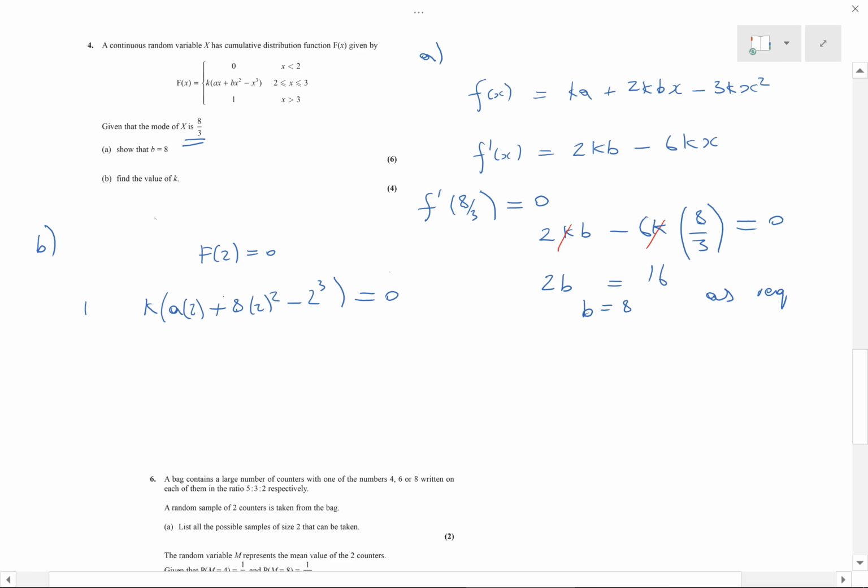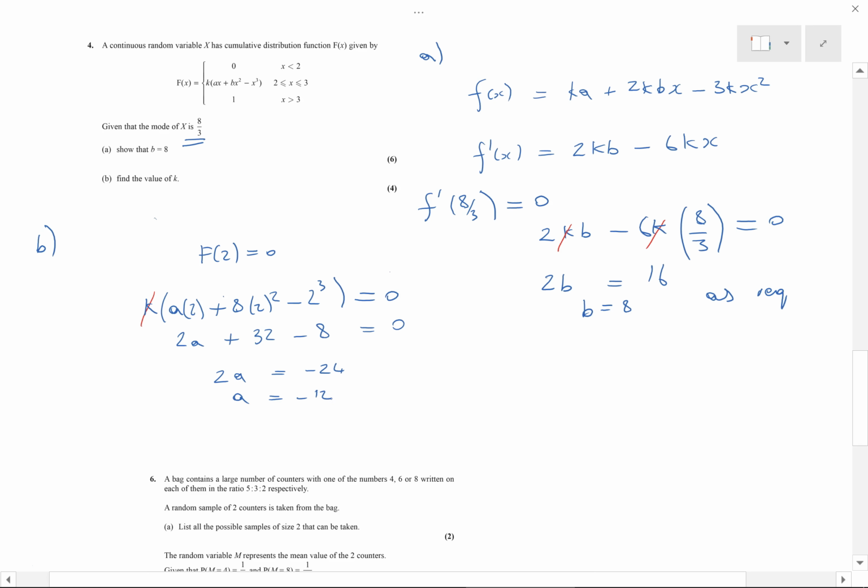Now, of course, in this case, the k cancels. We can just divide by k. And we get 2a plus 8 times 4, which is 32, minus 8 equals 0. So 2a is equal to minus 24. a equals minus 12.